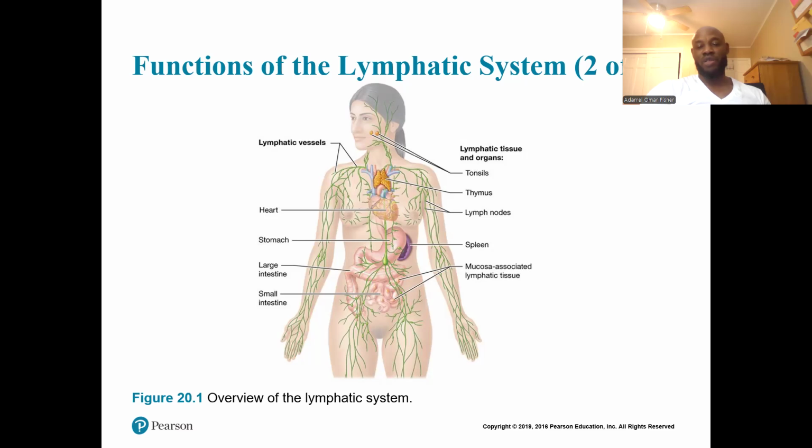We have lymph nodes, which can trap pathogens. We have the spleen, the largest organ in the lymphatic system, which also plays a role in our body getting rid of old red blood cells, but also getting rid of pathogens. Large intestines, small intestines, stomach, you see that there.